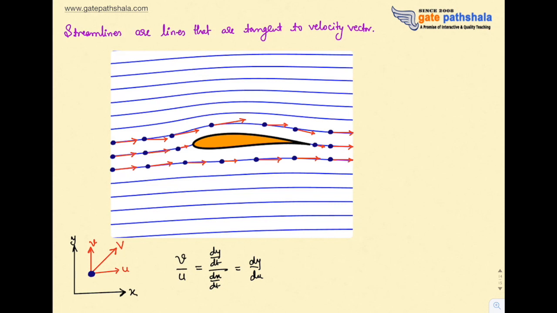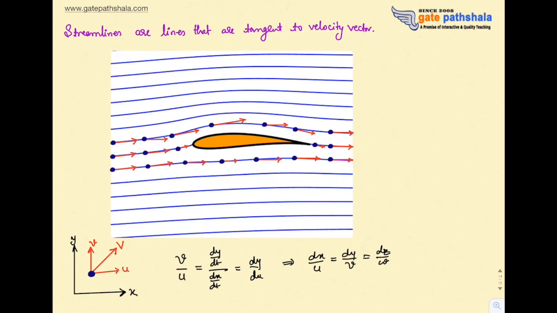Rearranging the equation, we obtain dx over u equals dy over v. Had we examined the z direction as well, we would find these ratios also equal dz over w. If we know the velocity components as functions of position and time, we could integrate these equations to find the streamline passing through a given point.